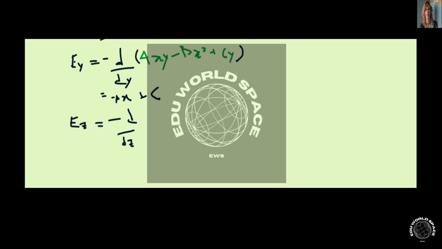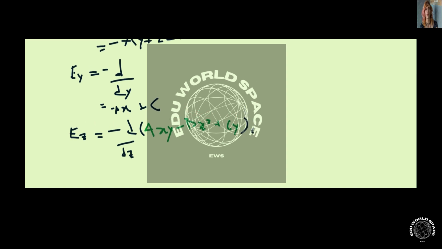Let me just move it first so we can know for sure. Get this whole thing, move it down here. So now since there is no z here, this will just equal 0. So the field at z is equal to 0. And that's the answer to the first part.